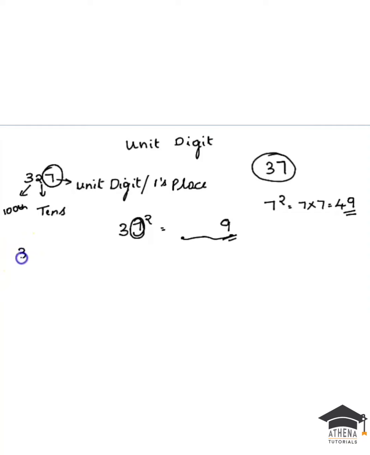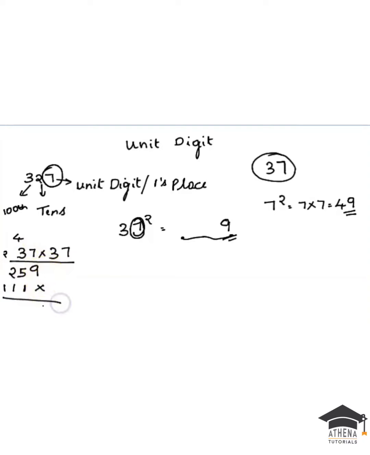So, let's multiply 37 into 37. 7 sevens are 49. 7 threes are 21, 21 plus 4 is 25. 7 threes are 21. 3 threes are 9, 9 plus 2 is 11.